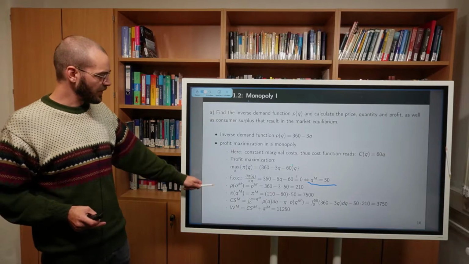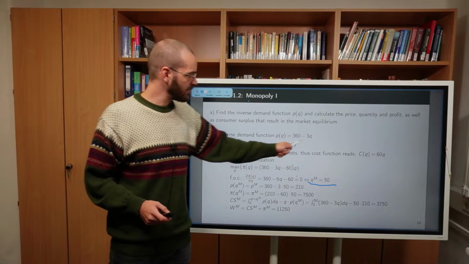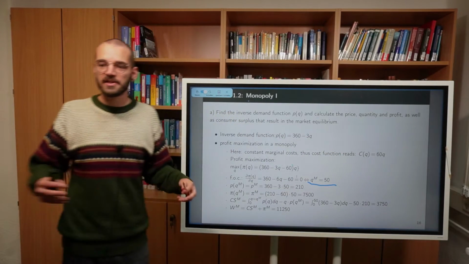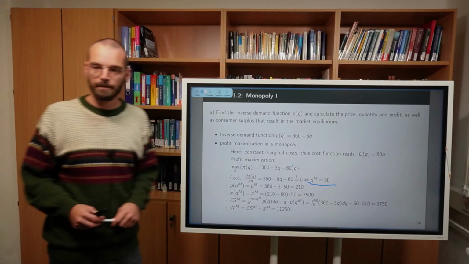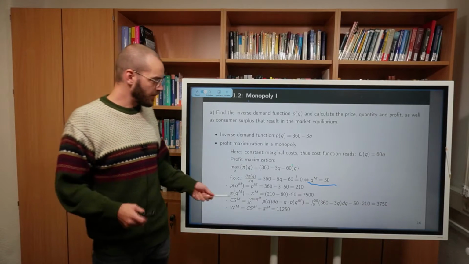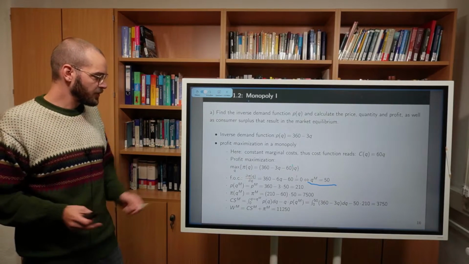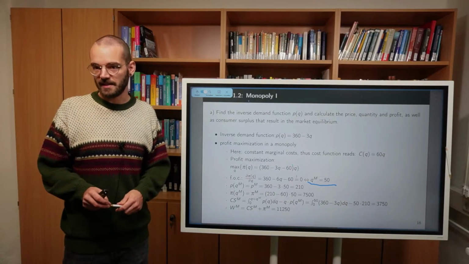So we know that the profit maximizing quantity of the monopolist, given the demand function and given his cost function, equals 50. We can now use this profit maximizing quantity in order to find out what the price will be that comes with it.